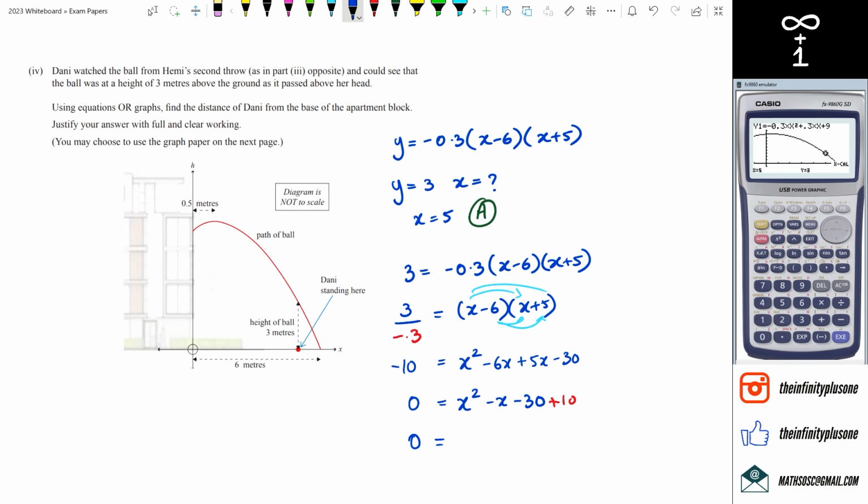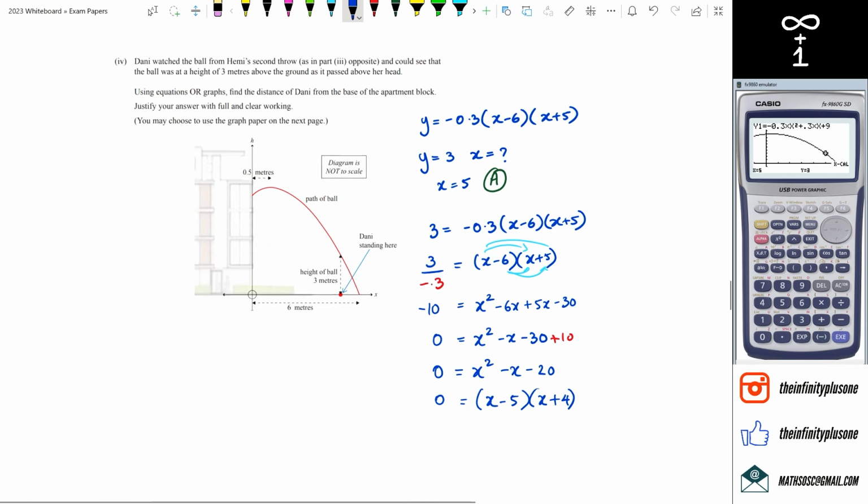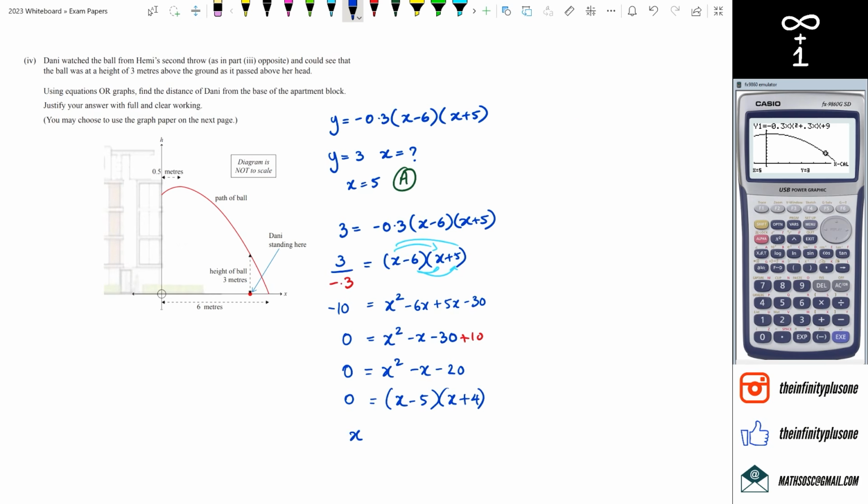So I've got 0 is equal to x squared minus x minus 20. I can factorize this now as (x - 5)(x + 4). And if you remember from your algebra, x minus 5 is equal to 0, so x equals positive 5, or x plus 4 equals 0, and x equals negative 4.